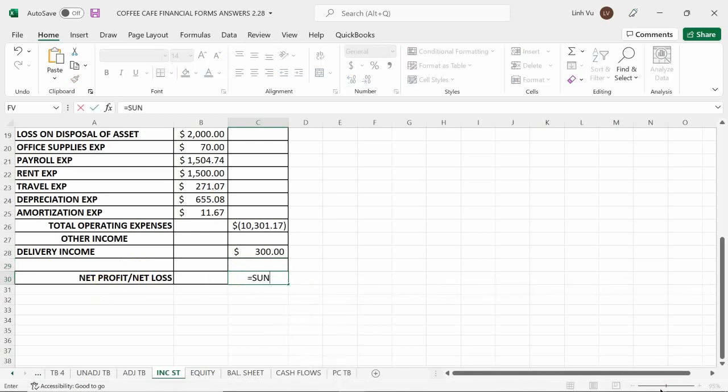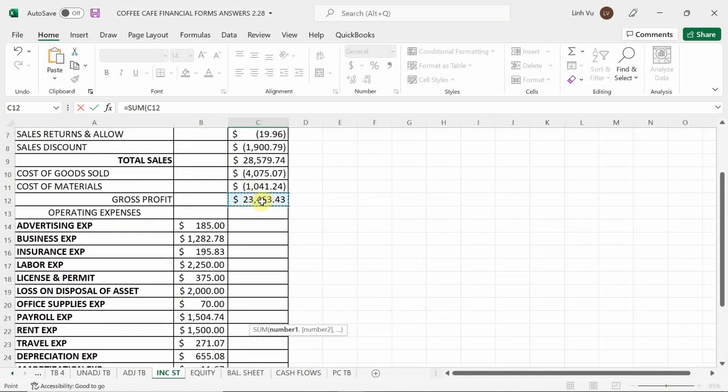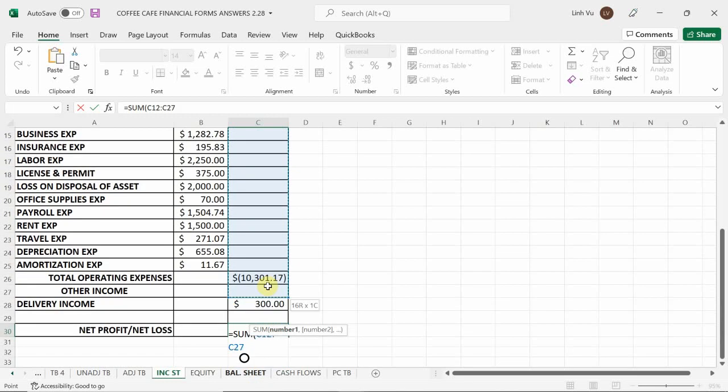So what this is going to be is, you're going to take your gross profit, okay, of $23,000, right? You're going to subtract out your expenses of $10,301.17, and you're going to add that extra income in there, okay?